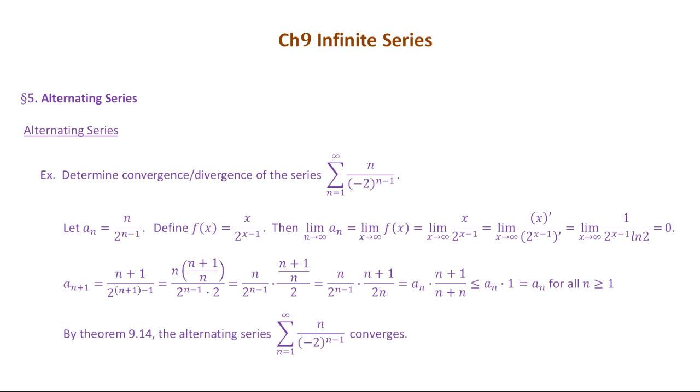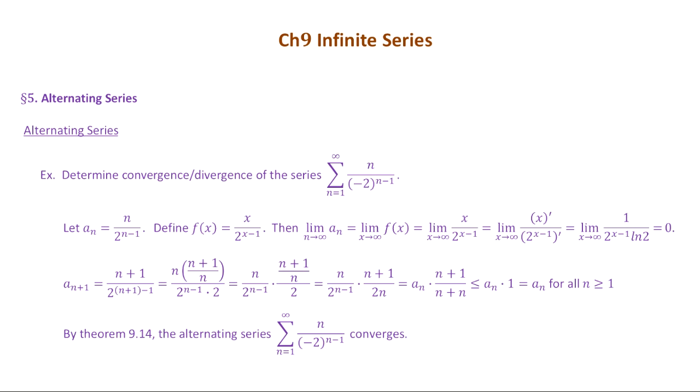And then you need to check whether the magnitude of a_n decreases as n increases. That's the second condition. So we need to find a_(n+1) and compare it with a_n. So again, we just replace n by n plus 1 everywhere in a_n.